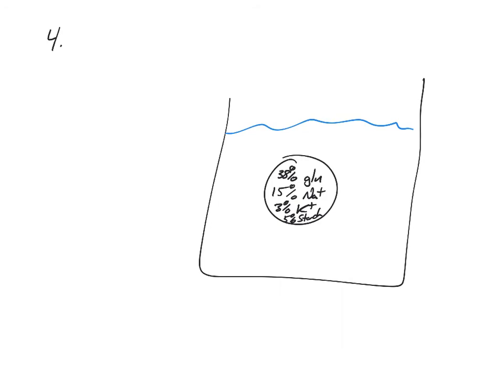Right? And then outside we have what? 40% glucose, 20% sodium, and 1% potassium. What percent starch outside? Nothing.